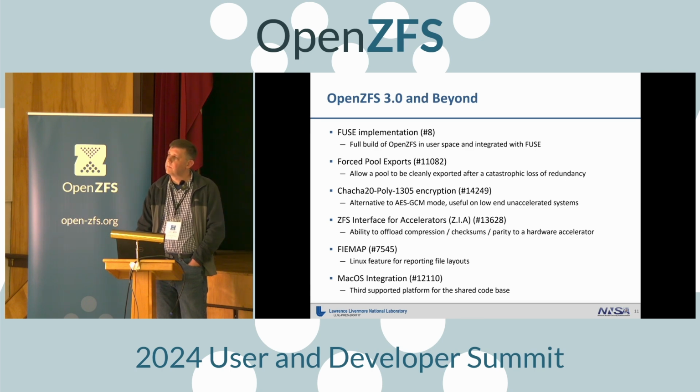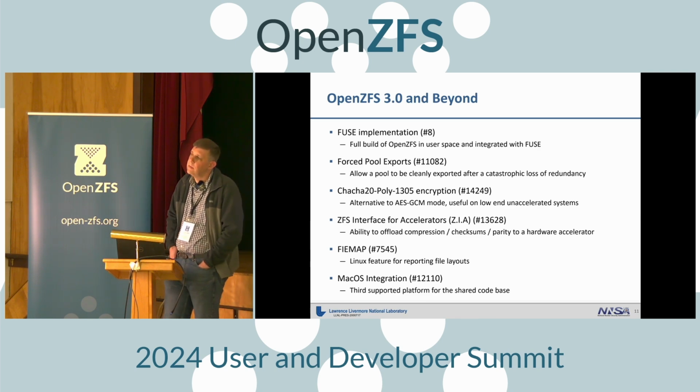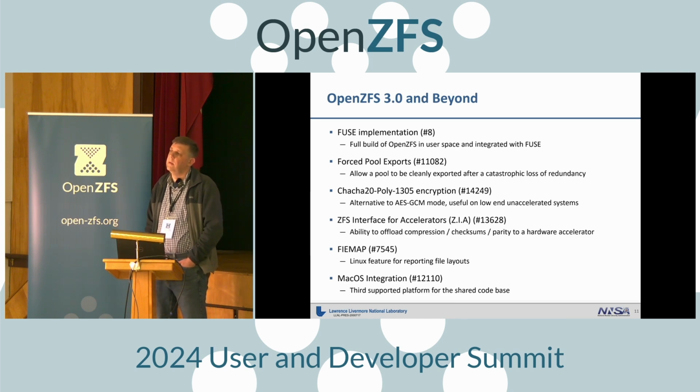One caveat with somebody that wants to accelerate ZFS, it does need to be compatible in the sense that if the accelerator goes away, we still need to get the data back from ZFS. So that really would be on them to make sure that happens. I know one of the things we're looking at for the accelerator too is to always have a fallback software option for that kind of thing.